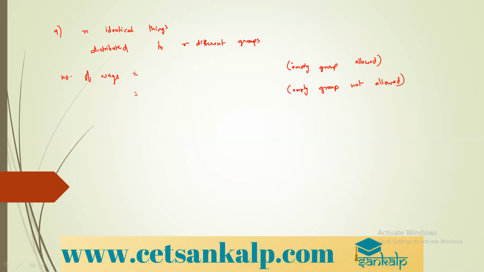Two cases are there. When empty group can be counted, the formula will be n plus r minus 1 cr minus 1. When empty group is not to be counted, n minus 1 cr minus 1. Two formulas.